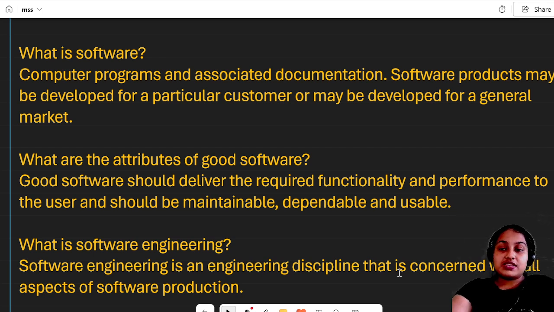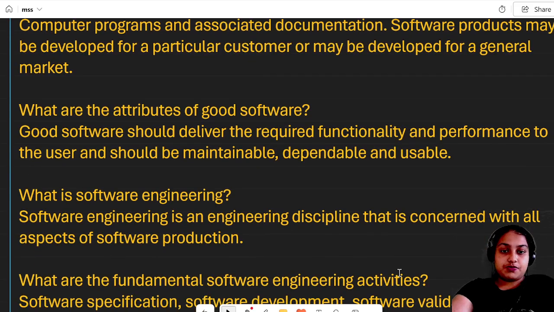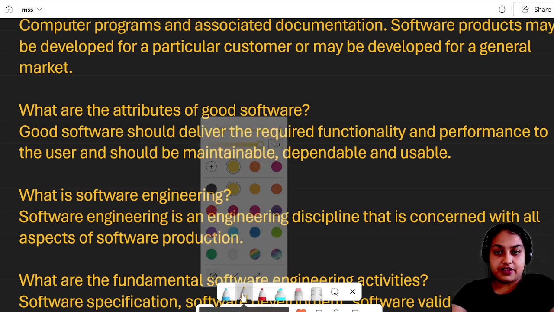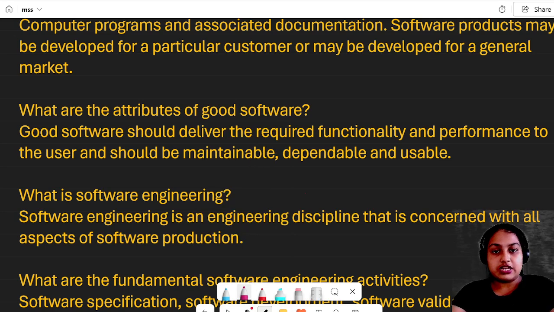Now, if we want to say it is good software, what are the attributes of good software? We have certain attributes like the required functionality. If the customer has given certain functionality, those functionalities should be satisfied, along with the performance to the user.